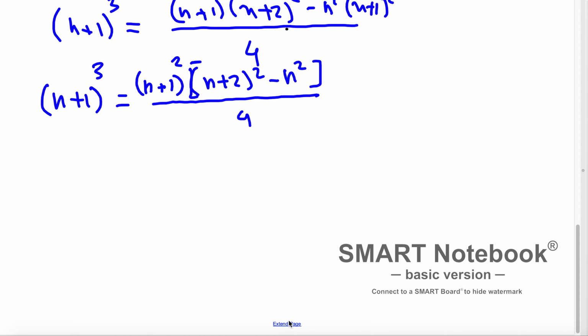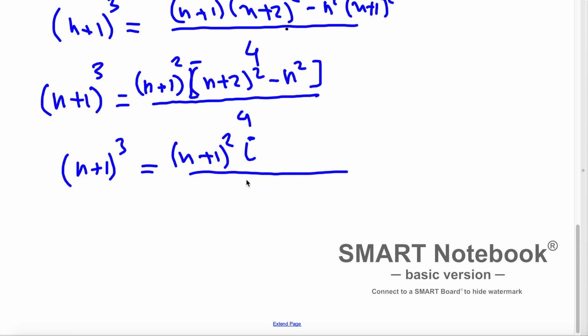And now let me do some extra steps here, and we are almost done. And this is n plus 1 square, and now n plus 2 square, I'm going to distribute this one here, divided by 4. If we use the binomial formula, n plus 2 square is going to be n square plus 4n plus 4 minus n square.